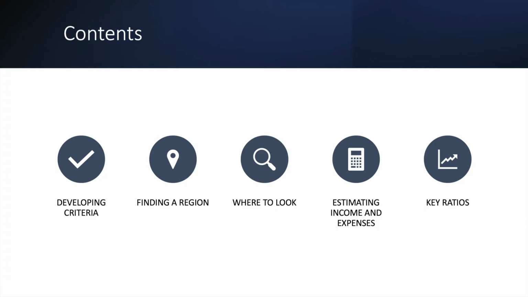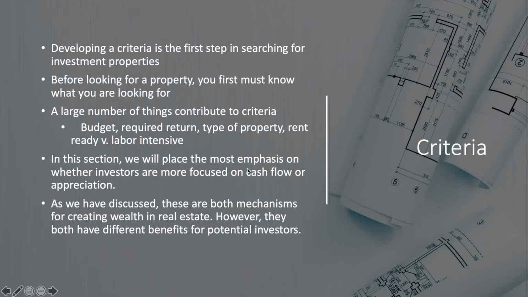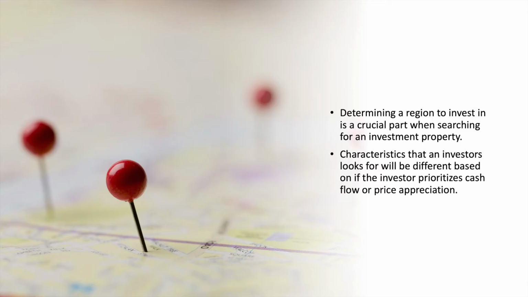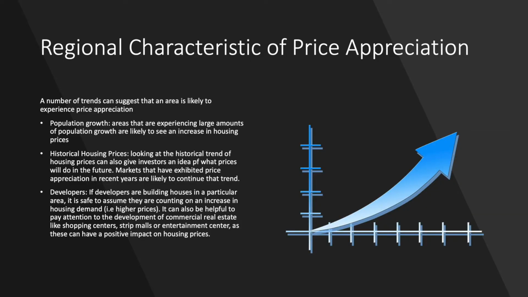So you get your title page right here, a quick overview of all the content we will be covering, and a quick talk about criteria for investment decisions. Then we talk about why choosing a region is so important when you're purchasing rental properties.